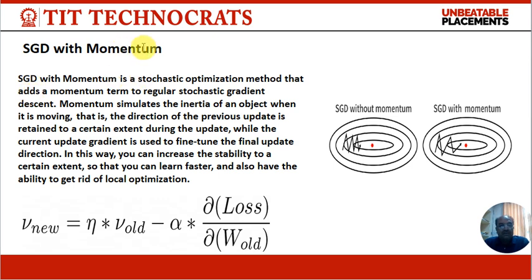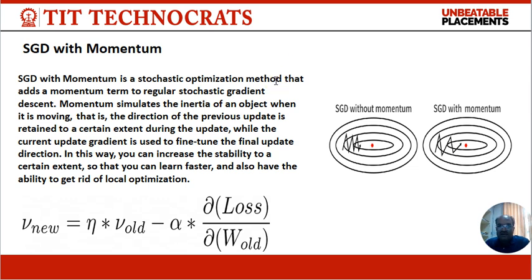Here we add some momentum to stochastic gradient descent. You can also see this in the diagram. In this diagram, you can see SGD without momentum here, and SGD with momentum is here. So SGD with momentum is a stochastic optimization method that adds a momentum term to regular stochastic gradient descent.